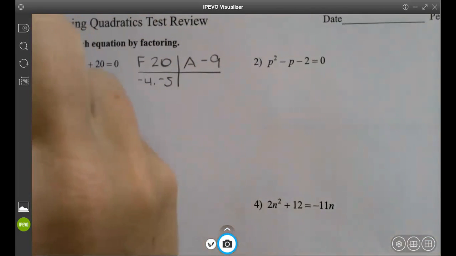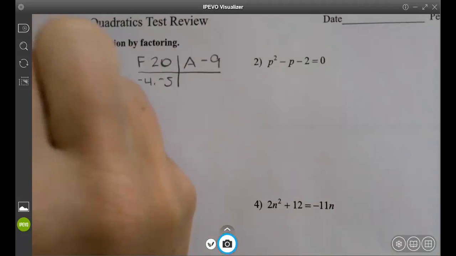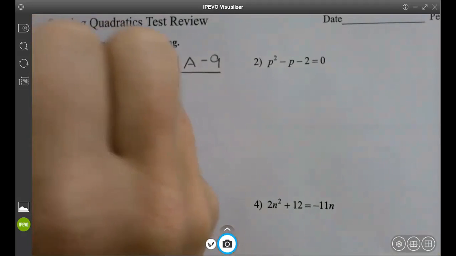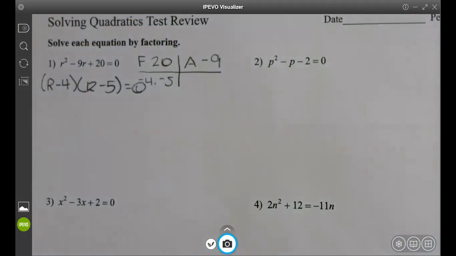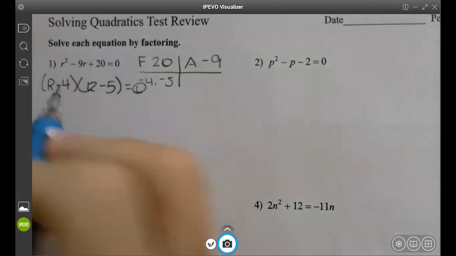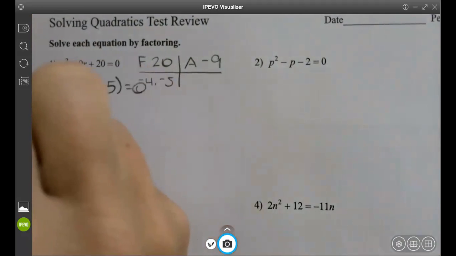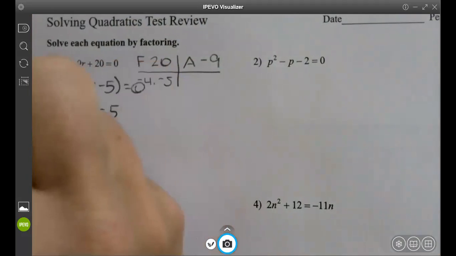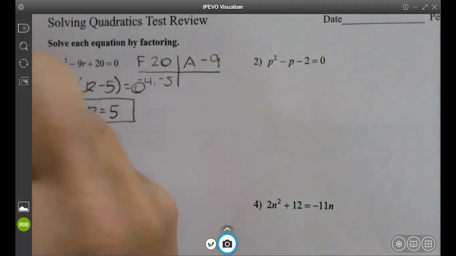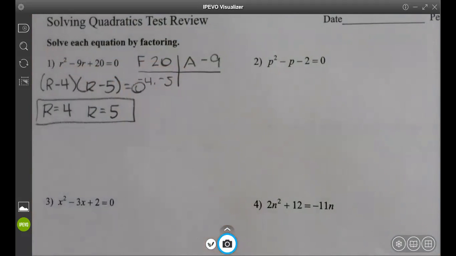So that means your factors would be r minus 4 and r minus 5. So we did that a couple weeks ago. And then the new stuff was I just changed the sign. So it's a -4, so your answer is +4. It's a -5, so your answer is +5. That's it. Any questions?